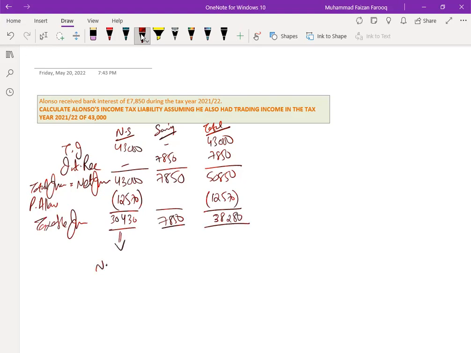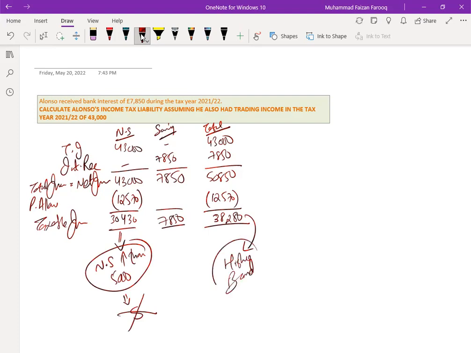Non-savings higher than 5,000 means the start band will not come. Is this person a basic band or higher band taxpayer? Higher, because taxable income is above the 37,700 threshold.